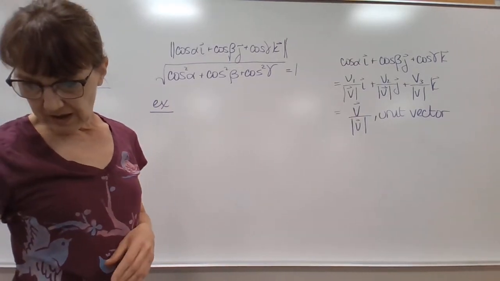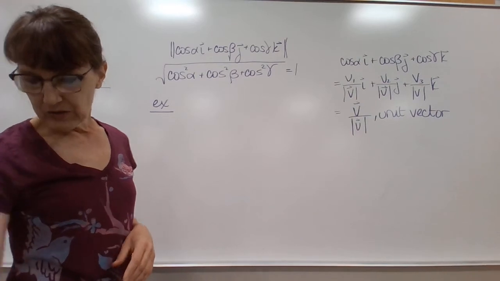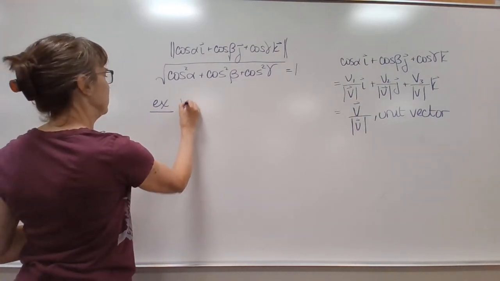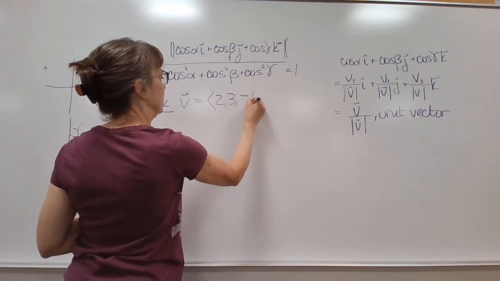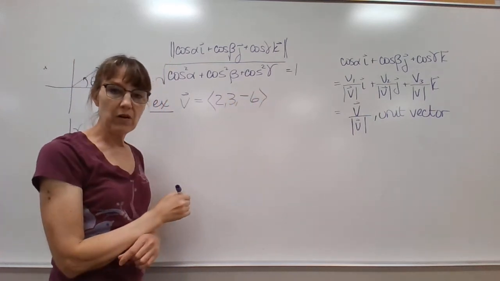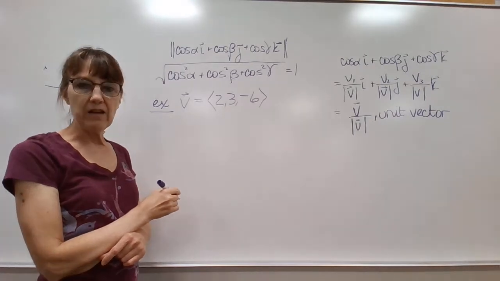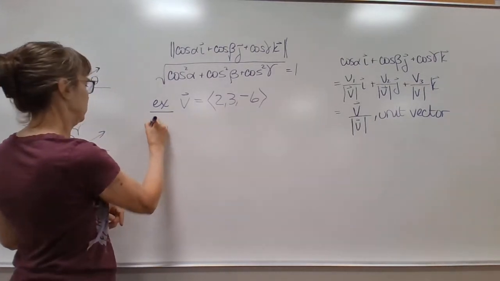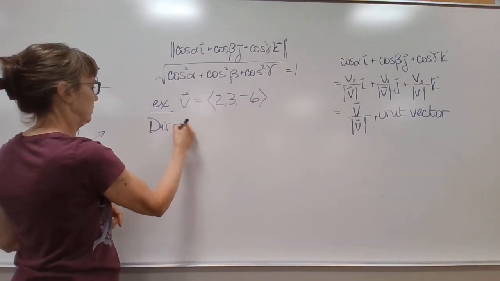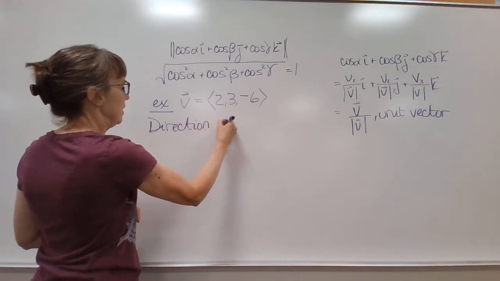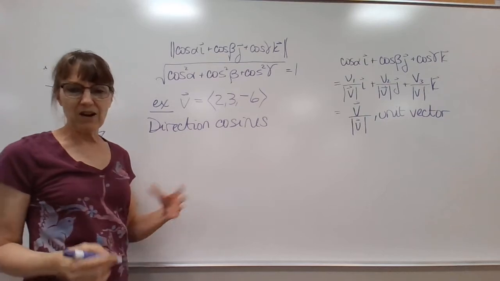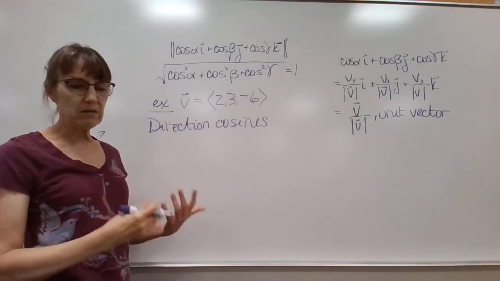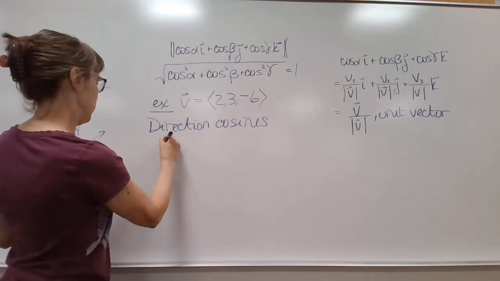Let's use the vector 2, 3, negative 6. And I want to know the direction cosines for this vector. Well, we really already did all of the legwork, so we don't have to go through that whole process again.